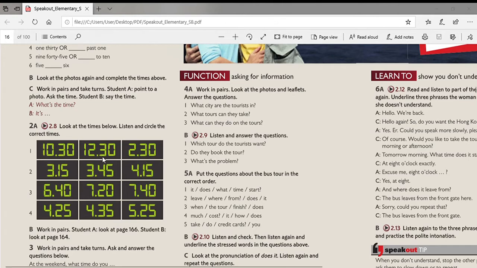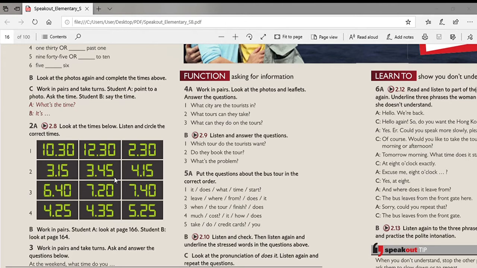In the second row, where we have 15 minutes, we call 15 minutes quarter, and we say the time that is written here with the preposition past. So we say 3:15, 4:15. In the middle we have 3:45.